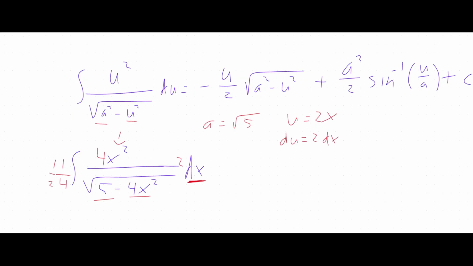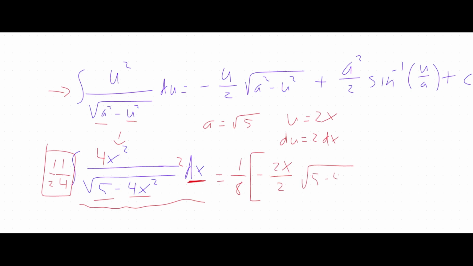So now what we have here is going to match up with our general form, and we have a little bit of a compensation factor out front. So we can have this 1/8 out front, a negative u over 2 square root of a squared minus u squared plus a squared over 2 arcsine of u over a plus c.